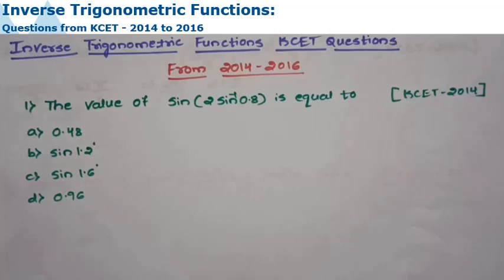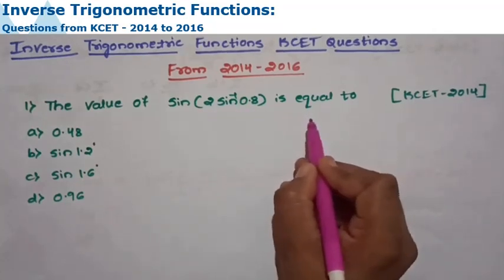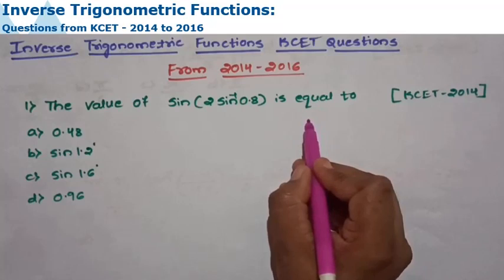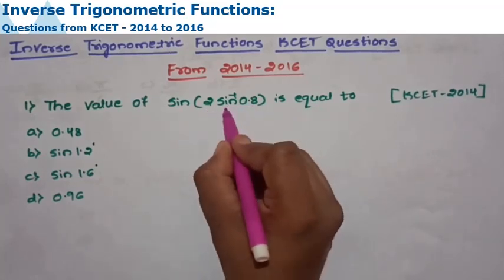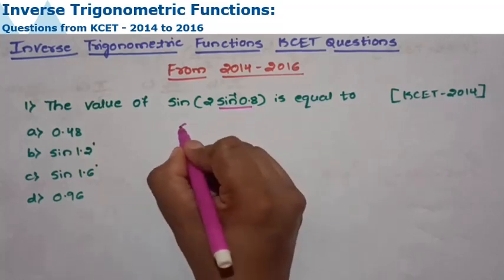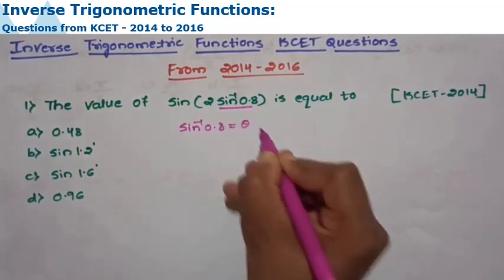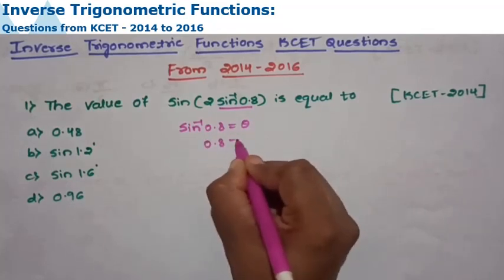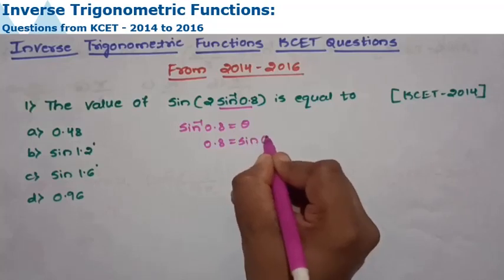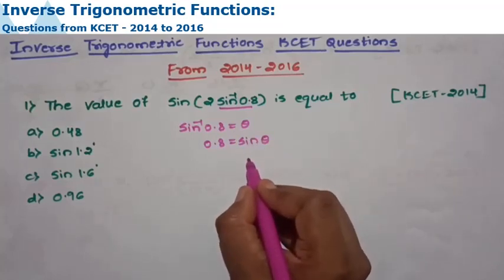The value of sine of 2 sine inverse 0.8 is equal to... By seeing this example we can have the formula sine 2 theta. So I can consider sine inverse 0.8 as theta. Therefore 0.8 is equal to sine theta. You already know the formula cos square theta plus sine square theta is equal to 1.